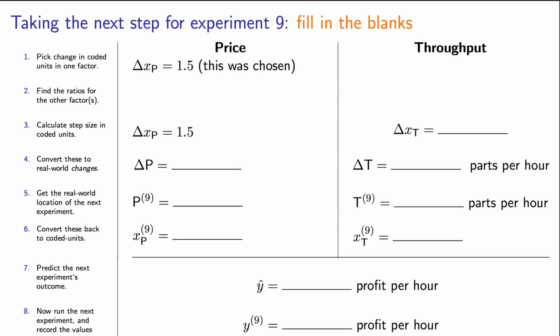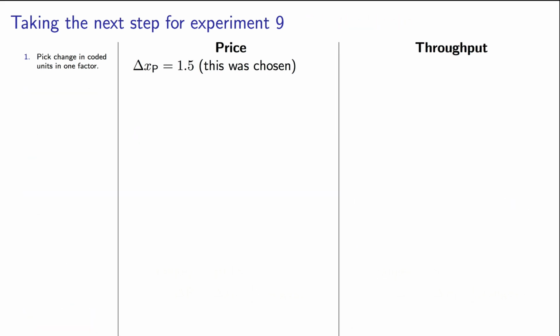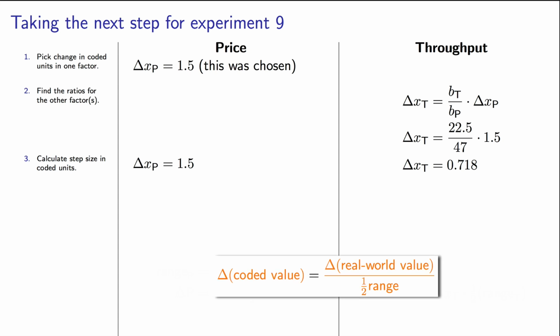And in the prior video, I ended by asking you to take a step size with delta xp equal to 1.5. If you did that, you would have found the associated delta xt equal to 0.718. Now let's convert these delta lowercase x's to their uppercase real-world changes, using the formulas we introduced in the prior video.